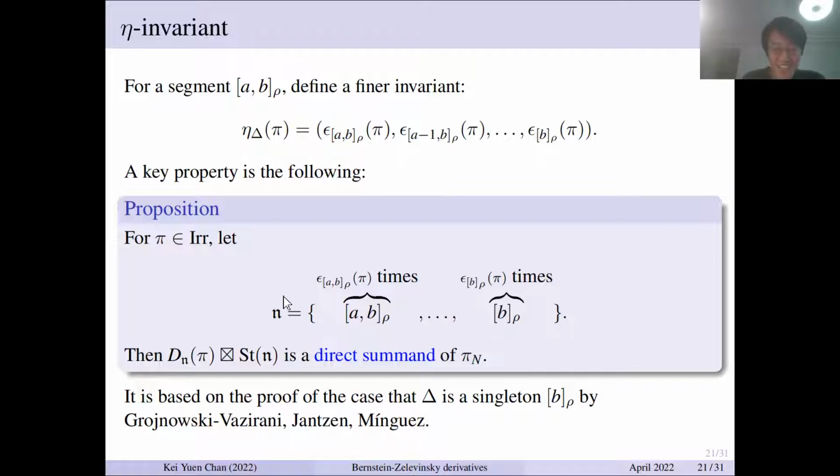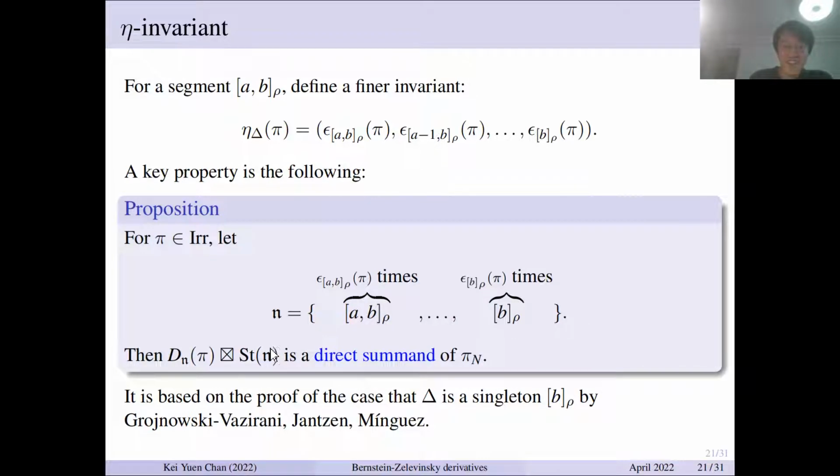It says that if you consider the multisegment n, and also those segments from AB up to B, with suitable multiplicity given by the epsilon invariant, then such segments will appear in pi n.